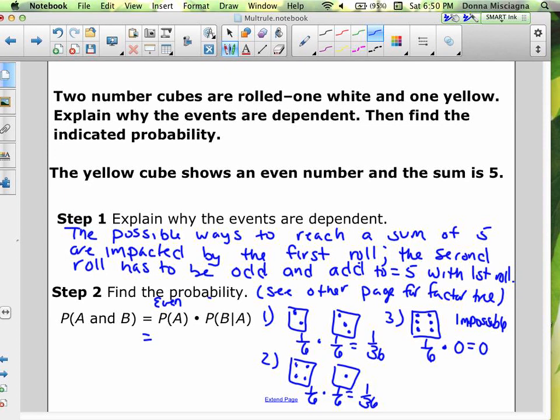This one, because we're trying to get the sum of 5, has to be the 1 or the 3, because that's all that will work with those even numbers, would be 1/36 plus 1/36. Right? So here a picture or a listing or a factor tree will help you figure it out.